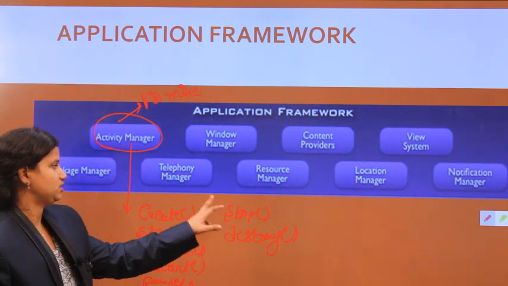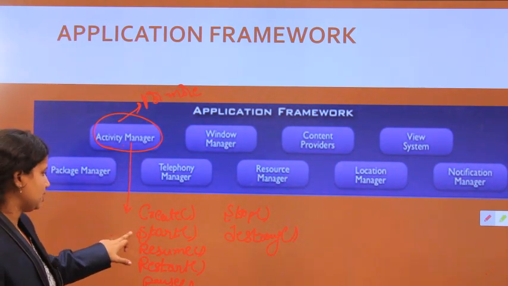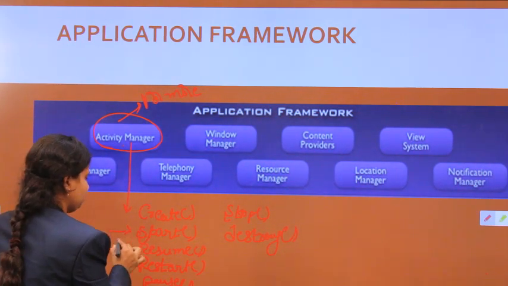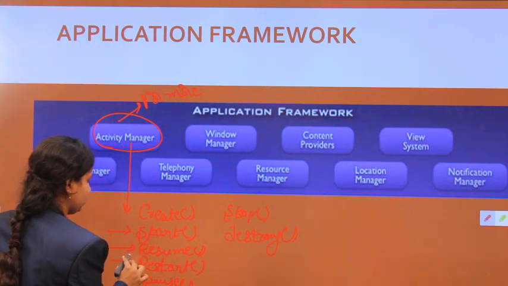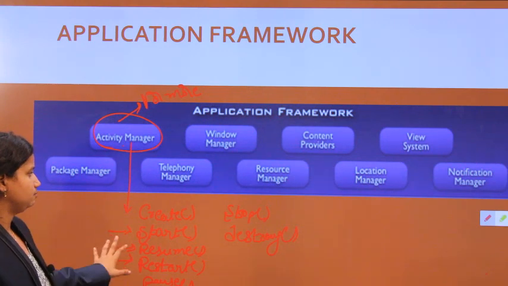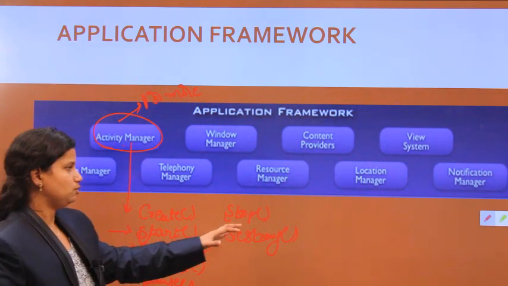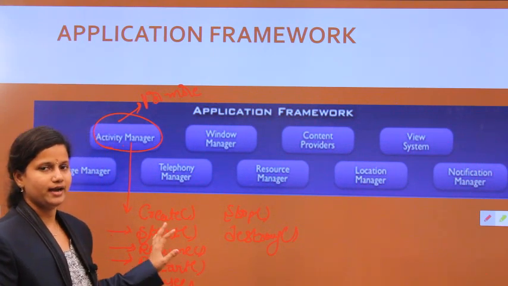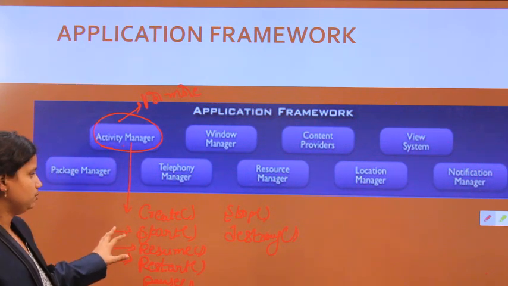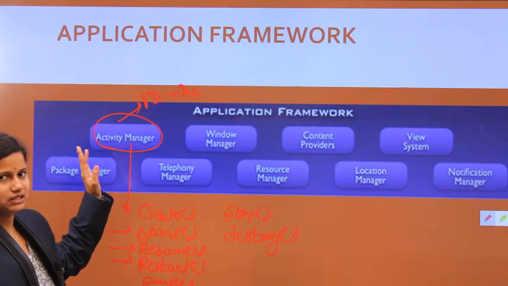What is the present state? Your activity position is in a start state, or in a resume state, or in a restart state. So what is the life cycle? This activity manager will be responsible. What is the position of your activity is to be guided by using this activity manager class.